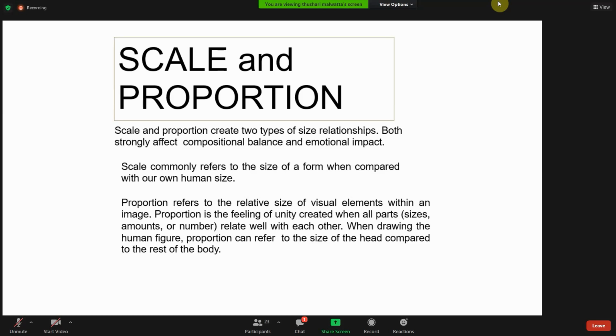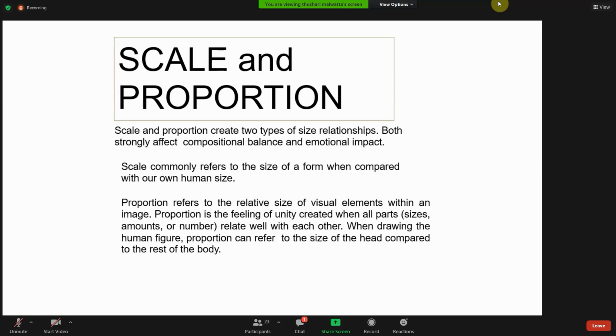When drawing the human figure, proportions can refer to the size of the head compared to the rest of the body. When we are drawing human figures, the proportion is defined in relation to the head.